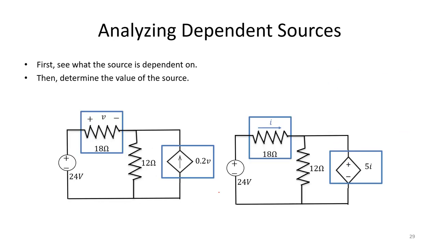So here's the approach I recommend for analyzing dependent sources. And unofficially, before you start analyzing anything, you should be happy. The reason why is because dependent sources give you free information.